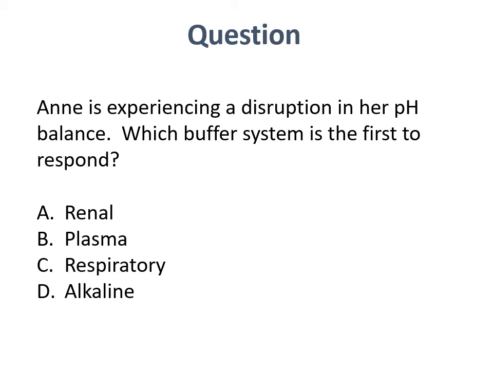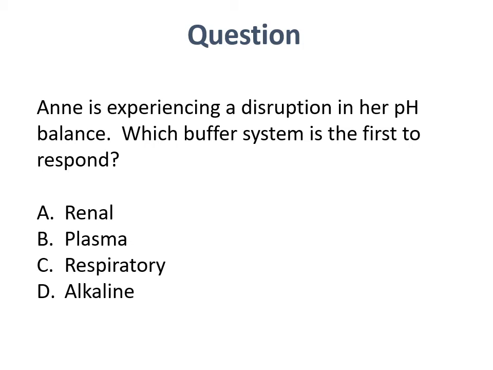Now this question doesn't say whether she's acidotic or alkalotic, but even if she's alkalotic, meaning her H+ is low in the serum, in the interstitial fluid, which is in equilibrium with the serum, no problem, because you can still have H+ come out of the cells and potassium go into the cells, and that will lower the pH if you're alkalotic.